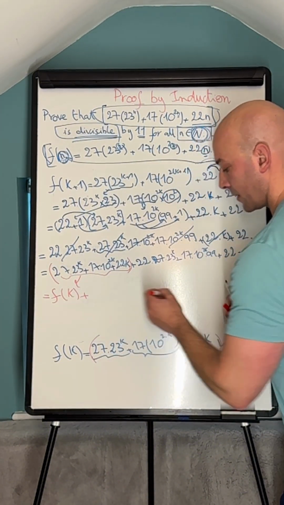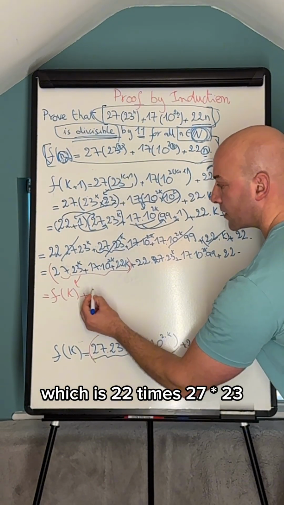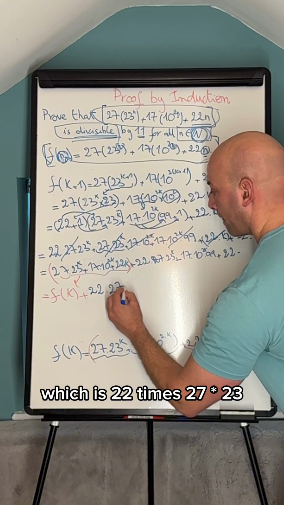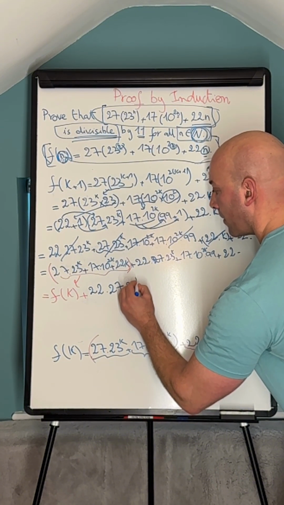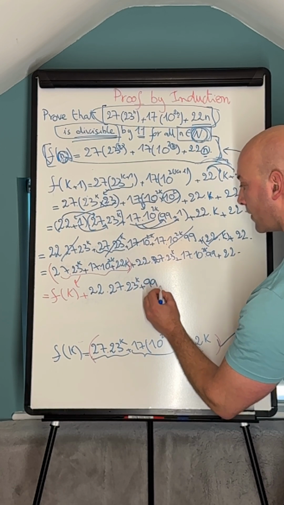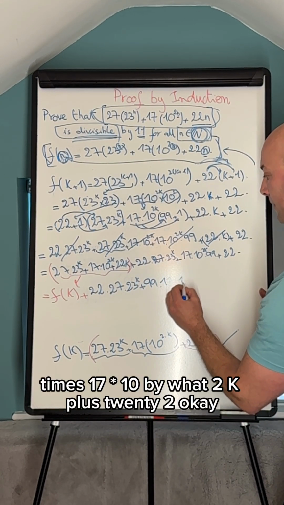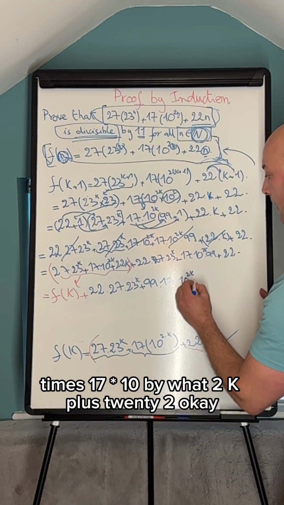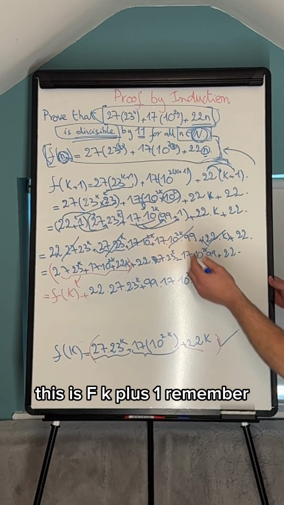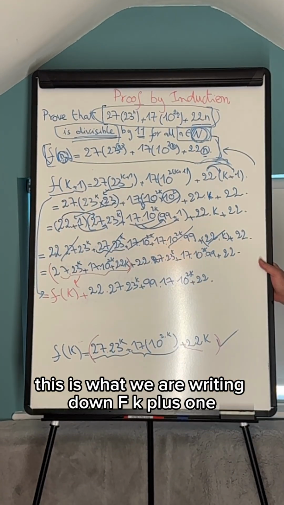Plus, now we have to write what we've got left from our function, which is 22 times 27 times 23 power k plus 99 times 17 times 10 power 2k plus 22. Okay, this is fk plus 1. Remember, this is what we are writing down, fk plus 1.